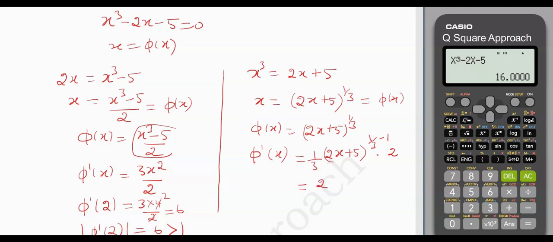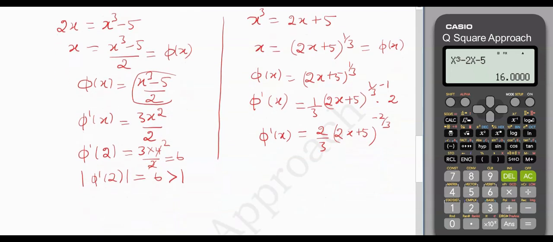So 2 by 3 into (2x plus 5) whole power minus 2 by 3. This is phi dash of x.